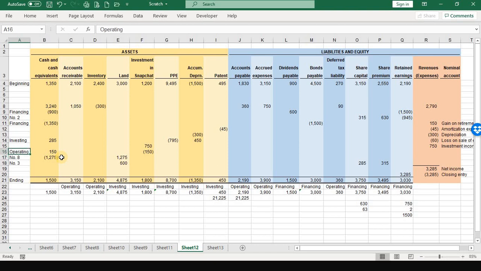So which means that cash inflows from the operating activity is not 3,250 only. It also includes the 150 pesos, which means that the cash inflow from operating activity is actually at 3,390 pesos. So let's correct the cash inflow from operating activity in our statement of cash flow.